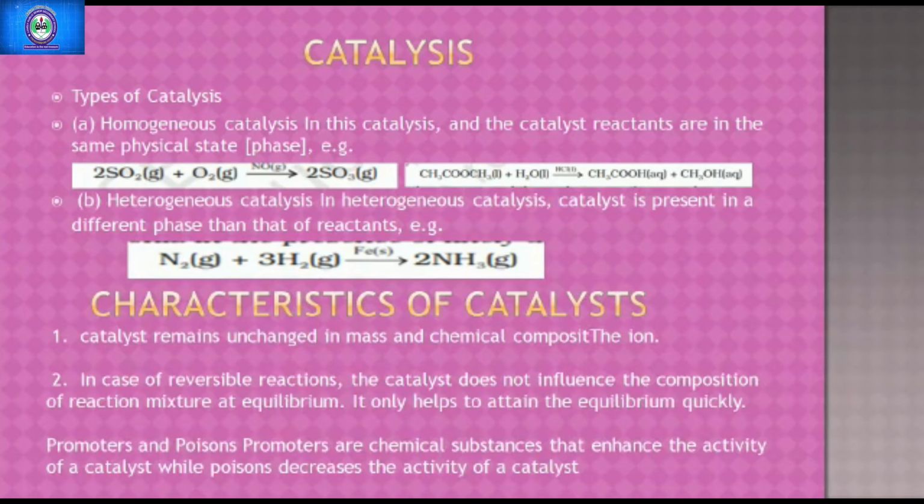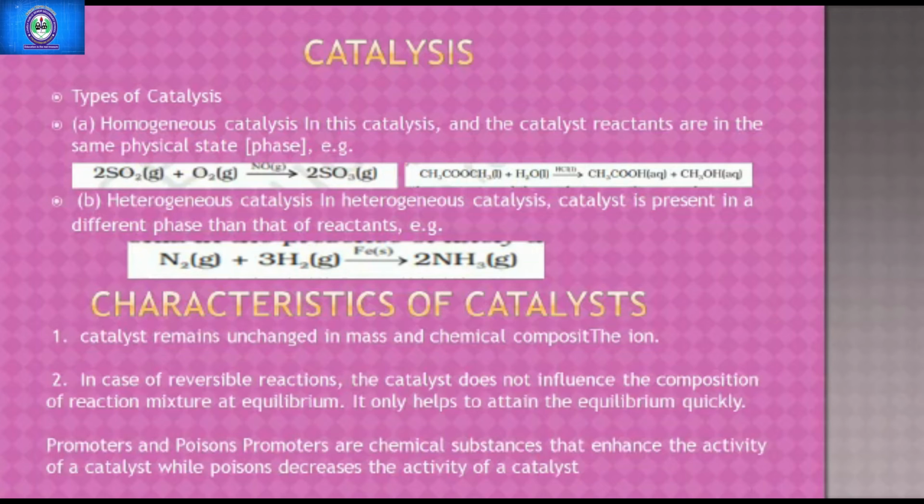Now there are two new terms I have written here: promoter and poison. What are promoters? A promoter is a substance which, if present along with the catalyst, enhances the activity of the catalyst, and it is called the catalytic promoter.